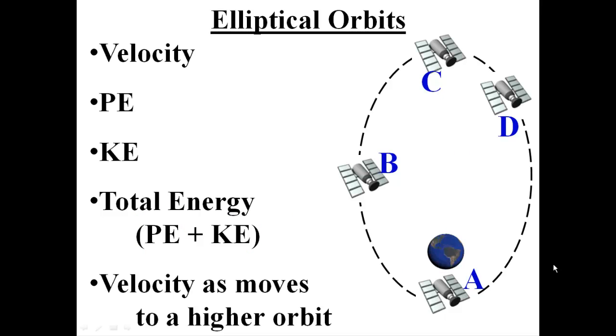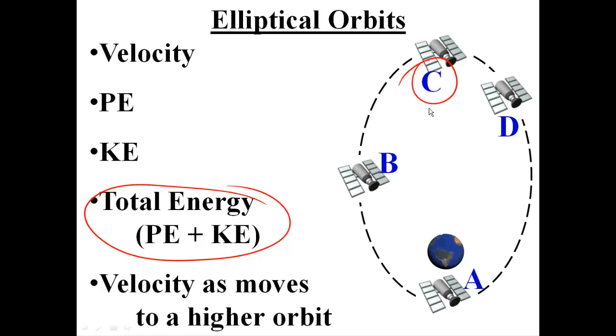Now, can you apply this to an elliptical orbit? This is actually what happens. We know the total energy has to stay the same. We know over here at C, the distance is very, very big, therefore it's a lot of potential energy, and the kinetic energy is very small.